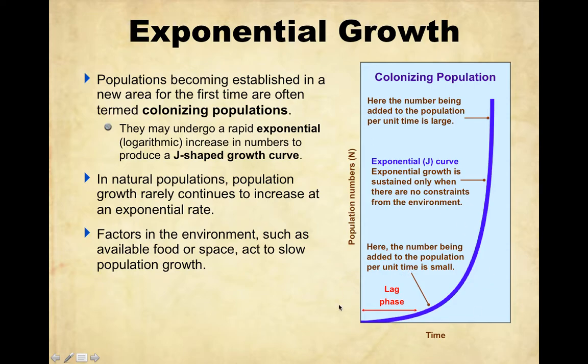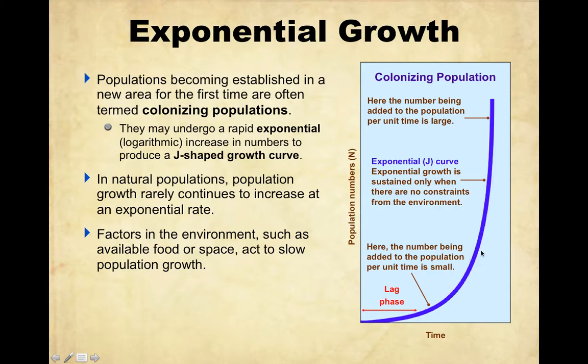Let's look at this curve in more detail. The lag phase is where the population is growing, and it's growing slowly, right? But then it's going to hit a critical point, and this is basically the point at which the doubling amount is going to be so much more that now it starts to become exponential.